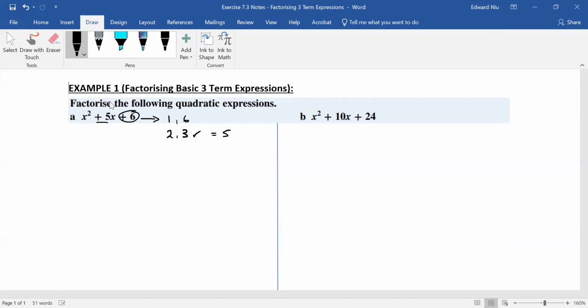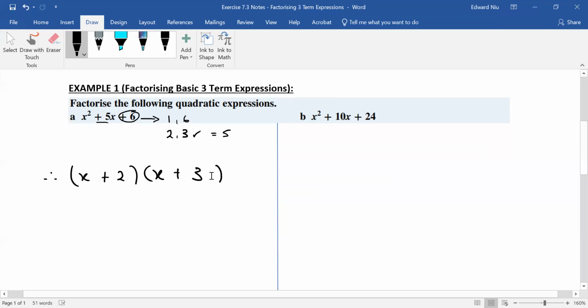So we write 2 brackets next to each other like in double bracket expansion. We need x's in both brackets because x times x gets us the x squared. After that, we need a positive 2 and a positive 3 because both are positives.